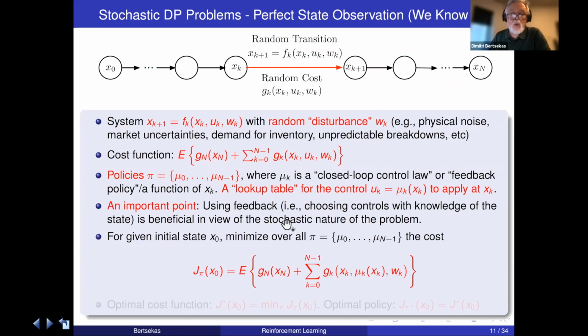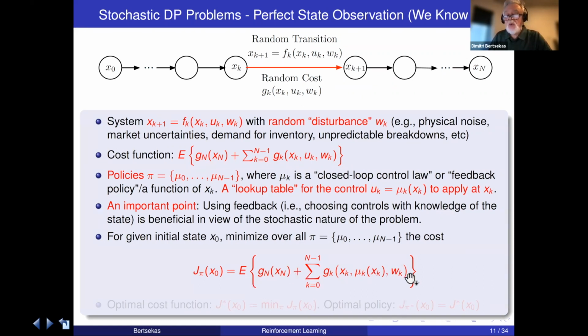So now let's define the cost function. Given an initial state and given a policy pi, the cost of that policy is given by this expression. We plug the mu's of the policy inside the cost, and we get a random number, a random cost. Random because there's WK here.